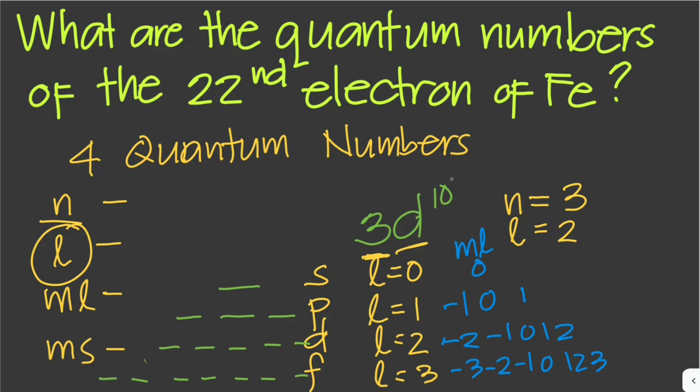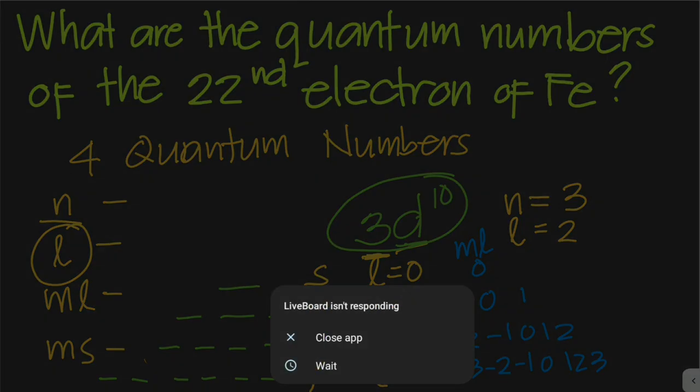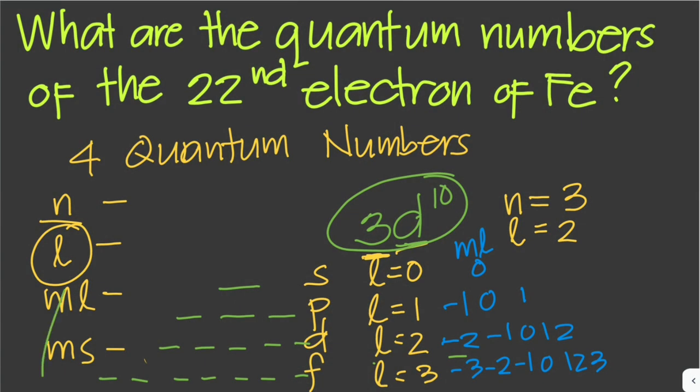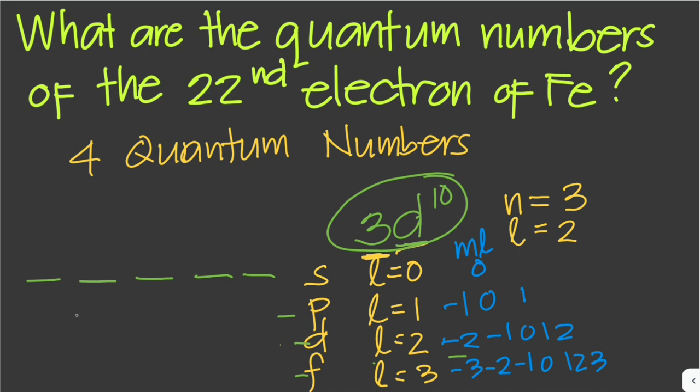Now, since in our given electron here, we have D orbital, that means L is equal to 2, and the values for ML could be -2, -1, 0, 1, 2. So we have 5 sublevels.